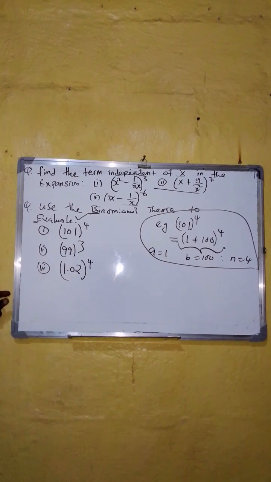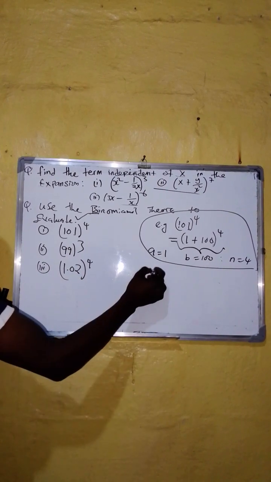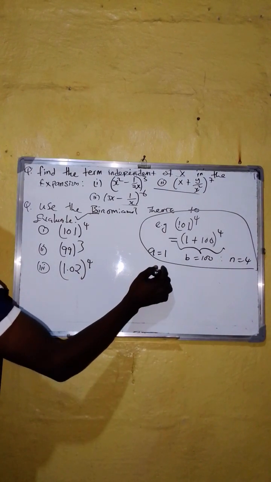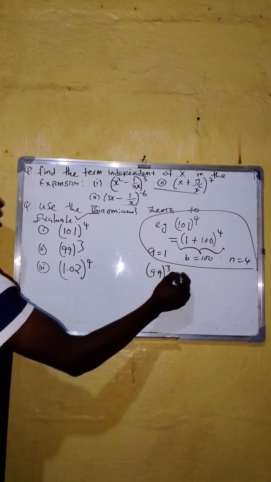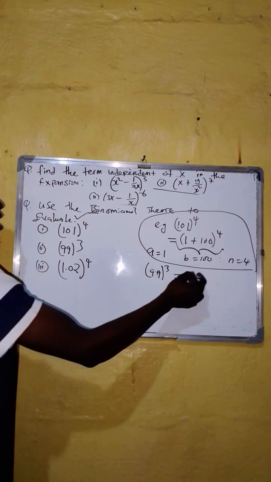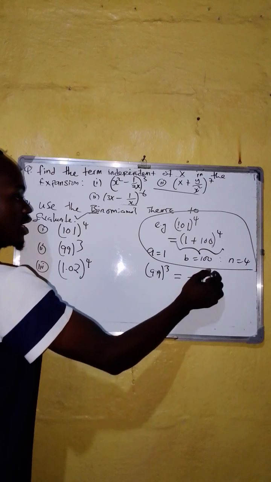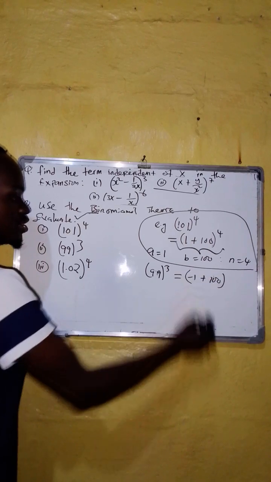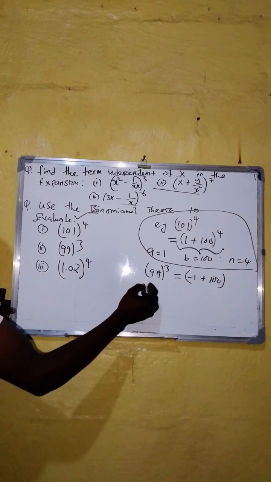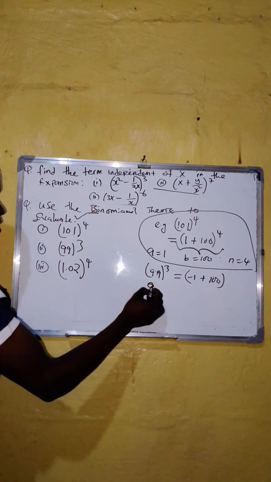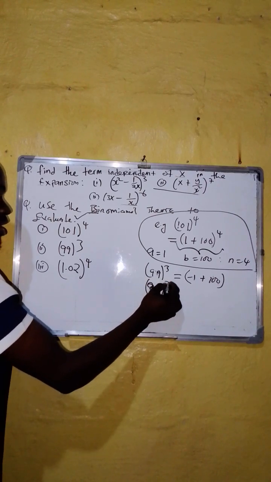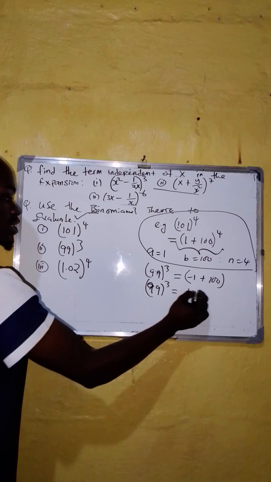If you look at 99, the same thing, 99 power 3 can be written as negative 1 plus 100. Or someone will write 99 power 3 as 1 plus 98.